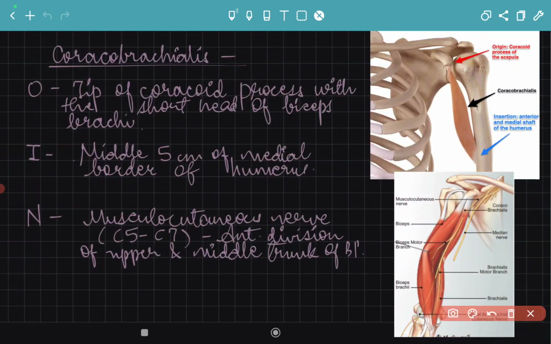Now coming to the coracobrachialis muscle, which arises with the short head of biceps brachii. The origin is from the tip of the coracoid process of the scapula, as can be appreciated in this diagram.